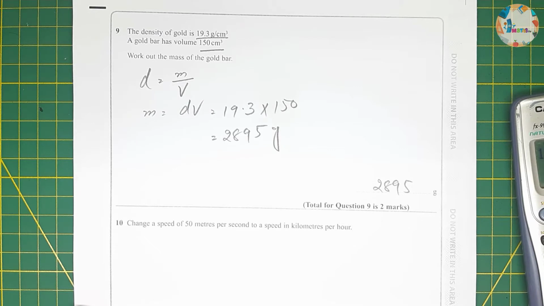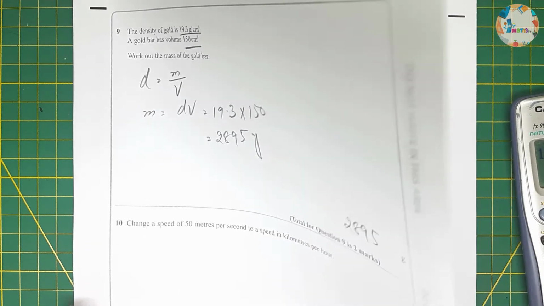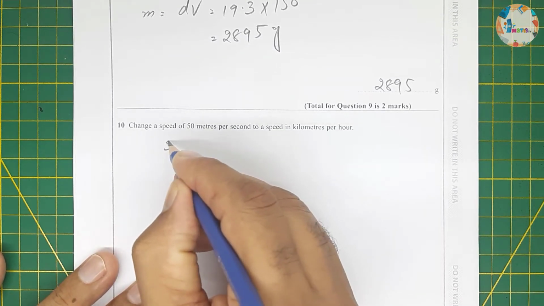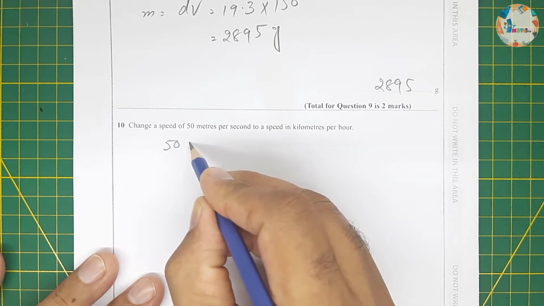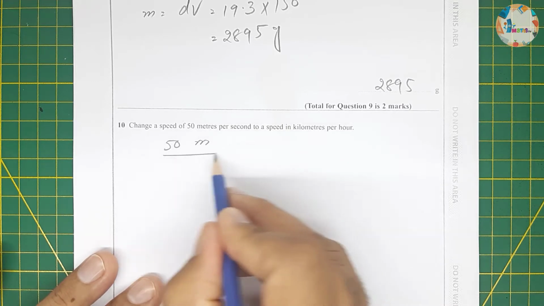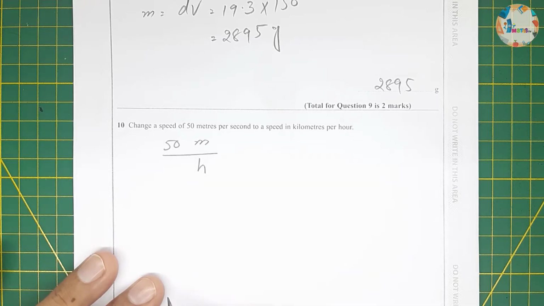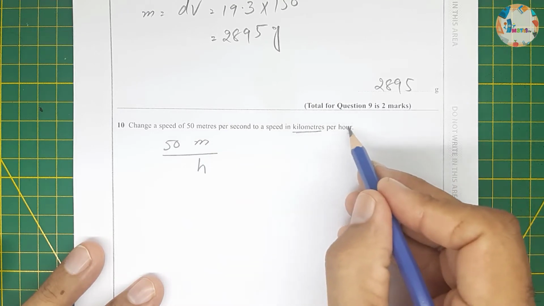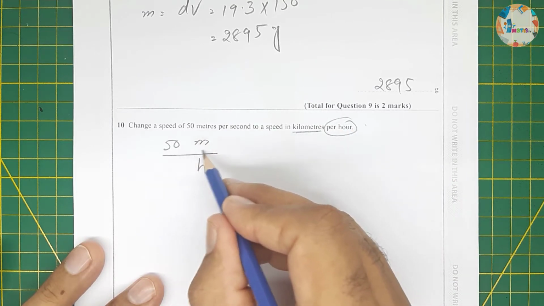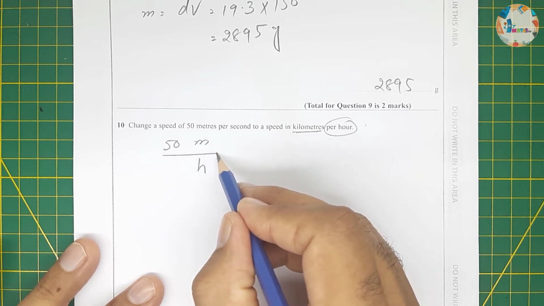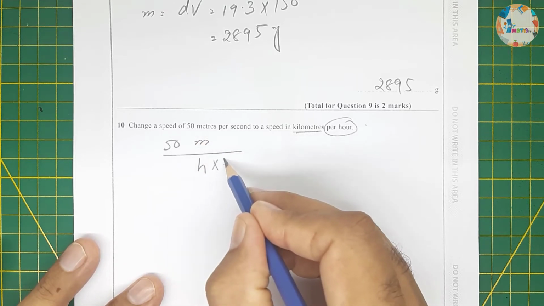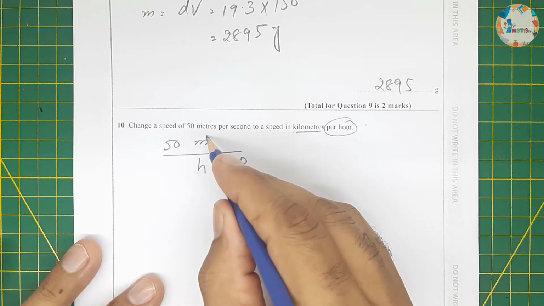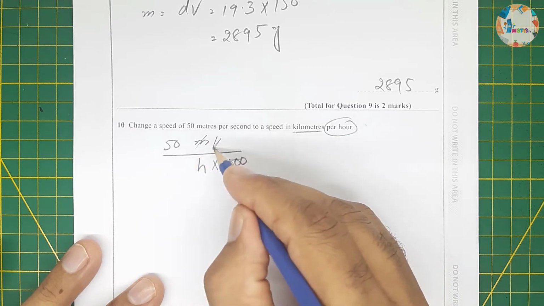Now the next question, question number 10. Change a speed of 50 meters per second to a speed in kilometers per hour. So we write 50 meters, and per hour we write hours over here. Now we have to convert meters into kilometers and maintain the hours. We change meters into kilometers by dividing by 1000, because there are 1000 meters in a kilometer.